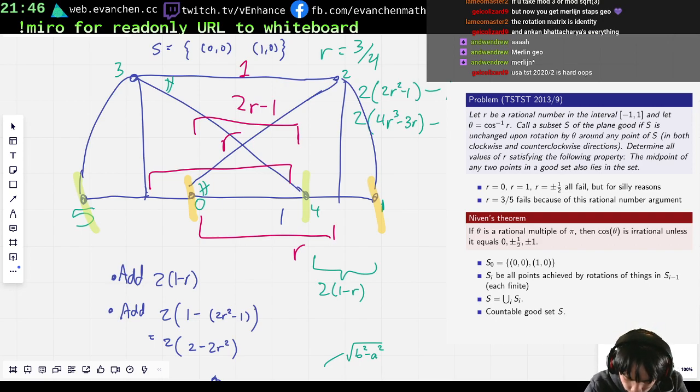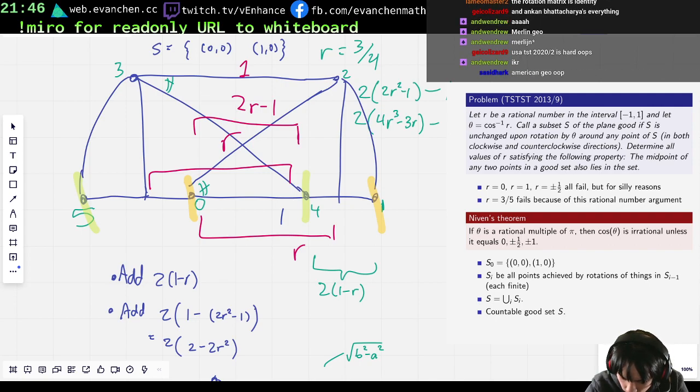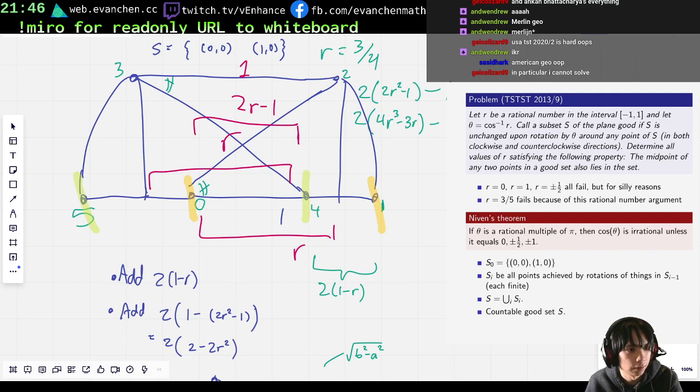So the idea is that the rotation matrix that's involved is M, cos... this is the rotation matrix.